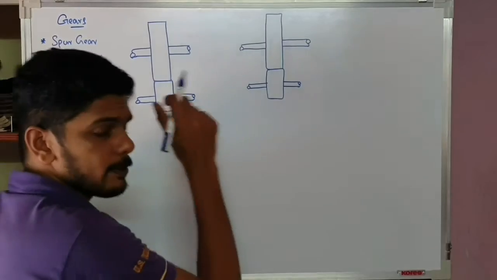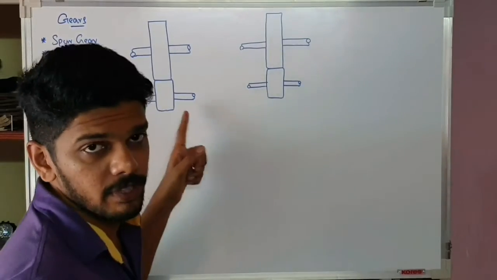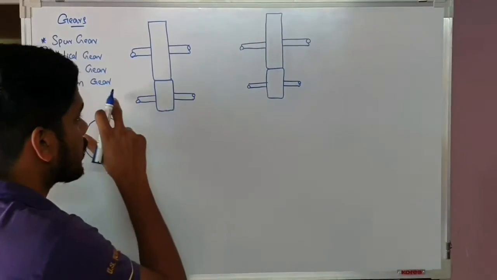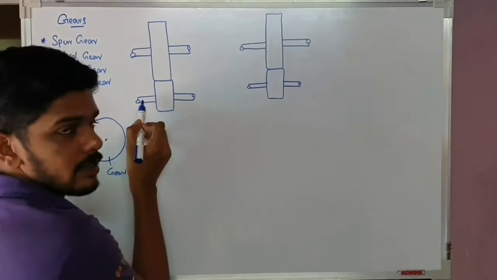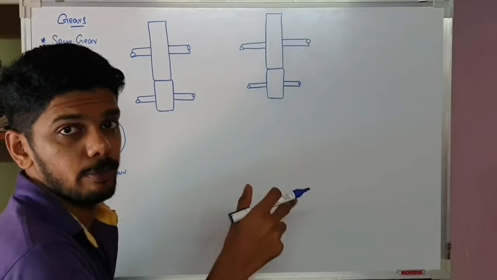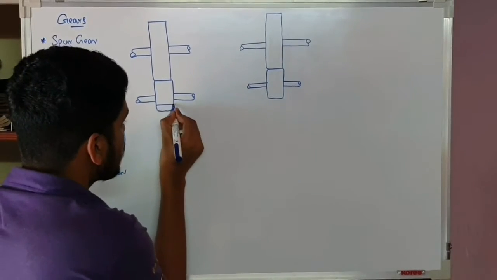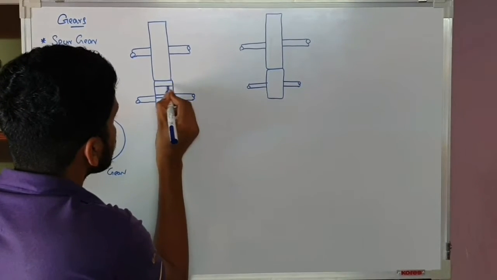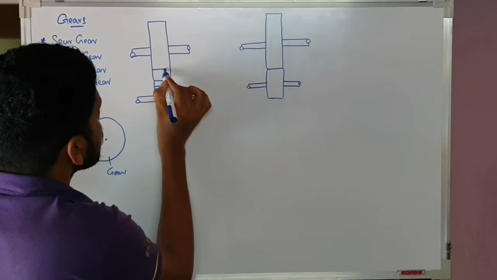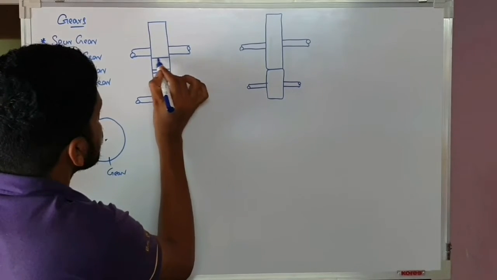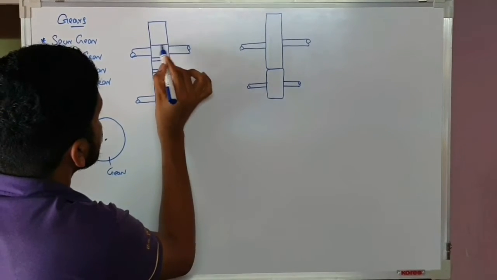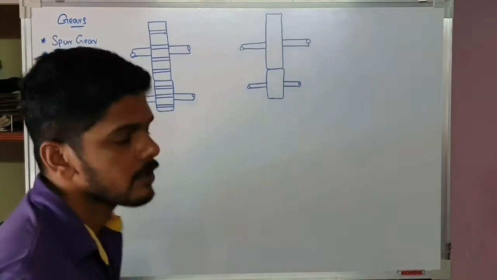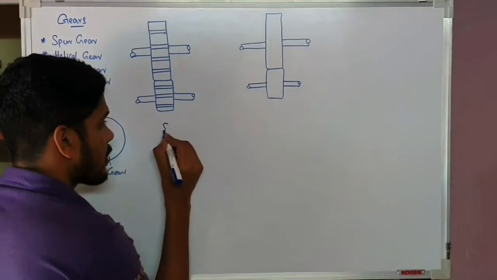For a spur gear, the teeth of the gear should be parallel to the shaft axis. So this is a shaft, then the gear teeth should be parallel to the shaft axis. That means the teeth will look like this. And this is a spur gear.